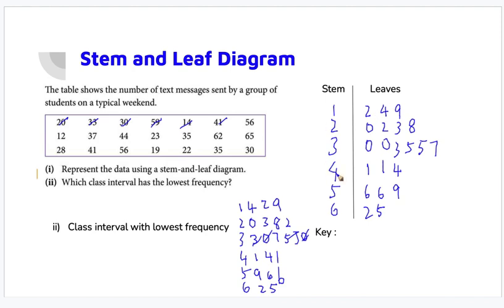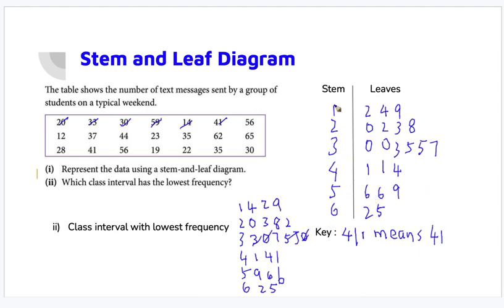Now, it is important to write the key that gives meaning to this stem and leaf. For example, 4 stroke 1, 4 slash 1, in this case, means 41.